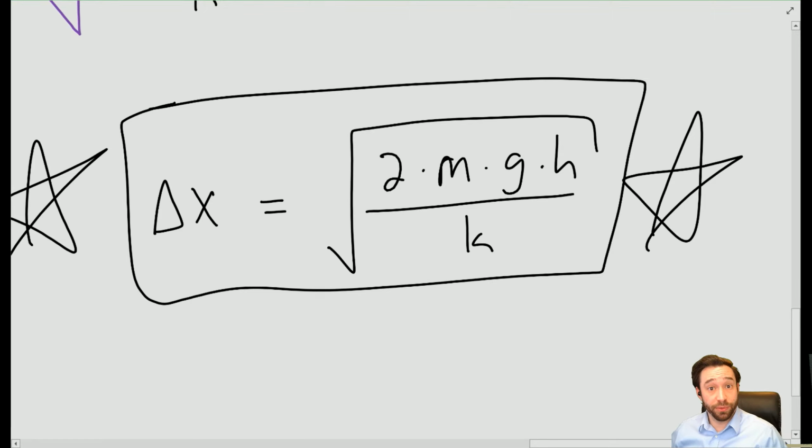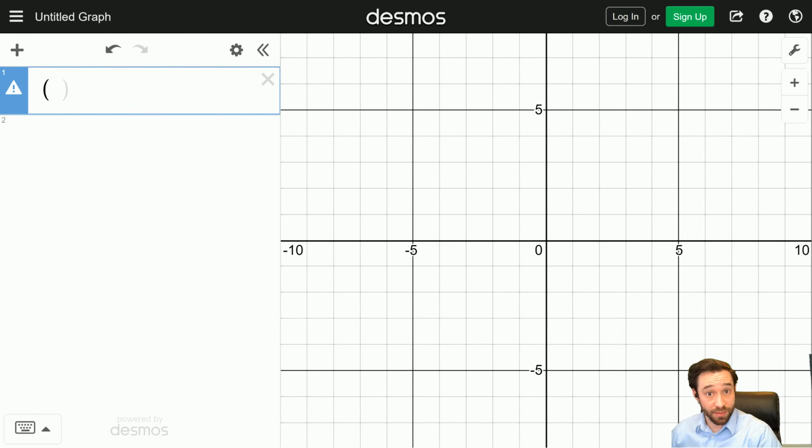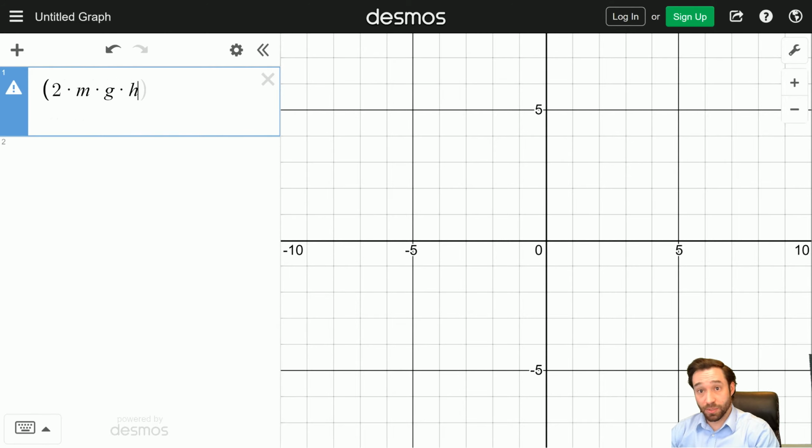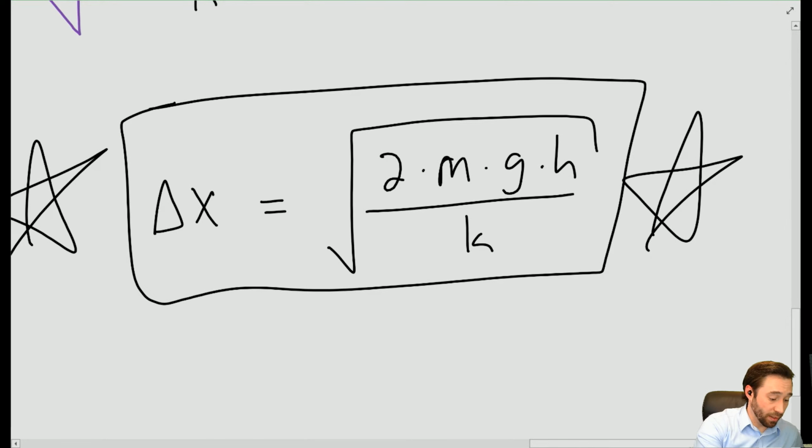When you have multiple things in the numerator, my recommendation is to go ahead and put an open parentheses. So this is going to encapsulate all the things that are in the top. So we've got 2 times m times g times h. And I'm going to close the parentheses. So as of right now, what I've done is I have gotten this part here.